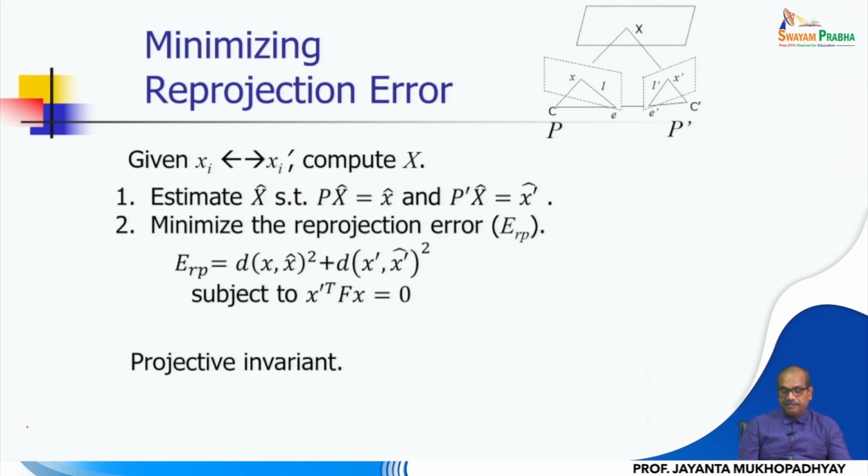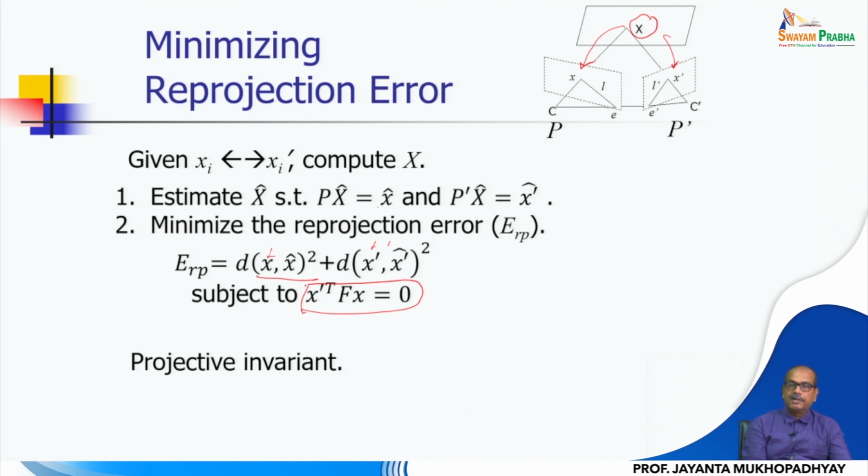The other kind of method would be an iterative method, where we want to estimate X. You estimate X such that its projection gives X prime, then you compute the reprojection error. That means you compute the distances between your estimated image point and the given points, subject to X prime transpose Fx equals 0.